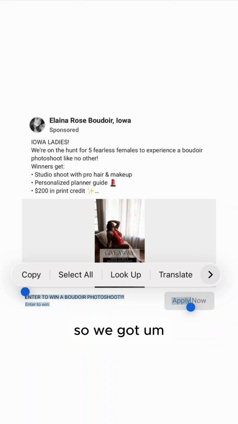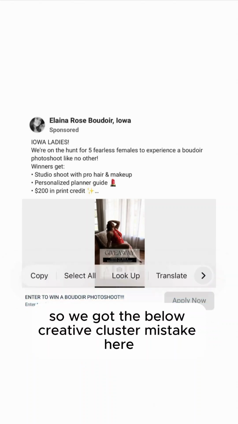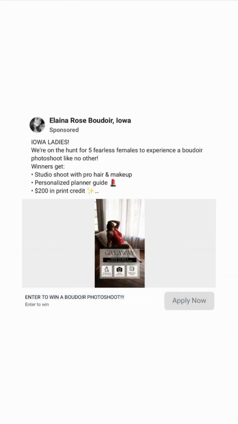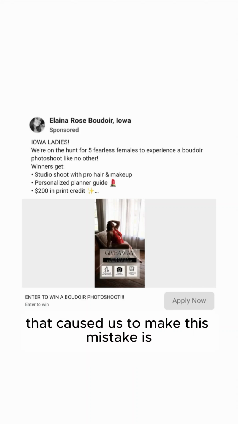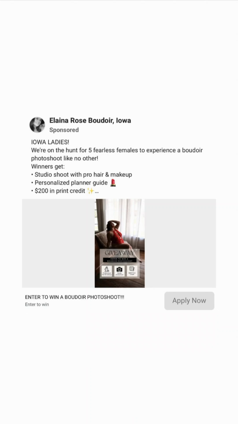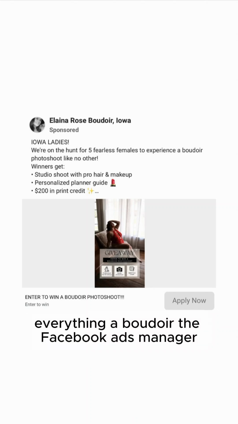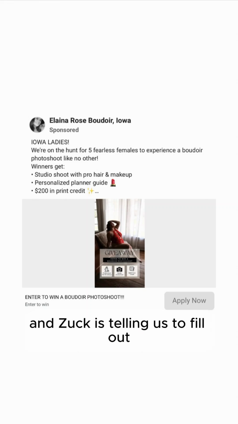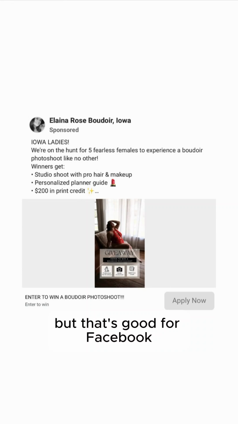So we got the below creative cluster mistake here. The false belief that caused us to make this mistake is, we're filling out everything in Boudoir, the Facebook Ads Manager, and Zuck is telling us to fill out. But that's good for Facebook. It's bad for us.